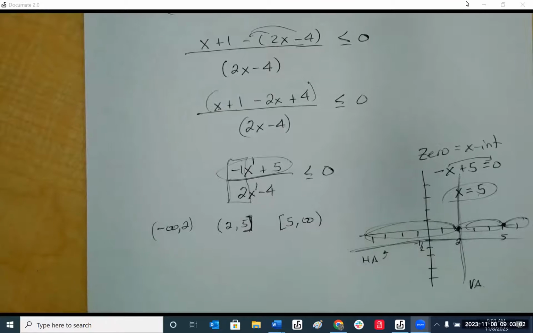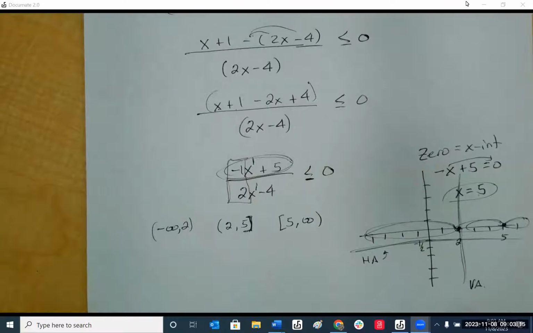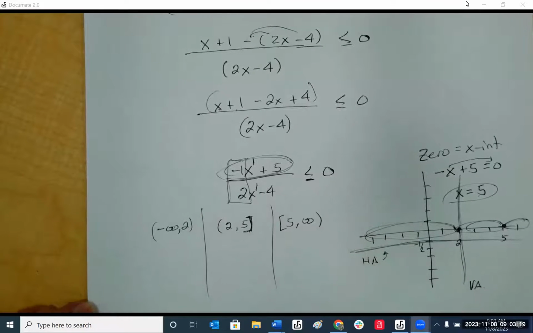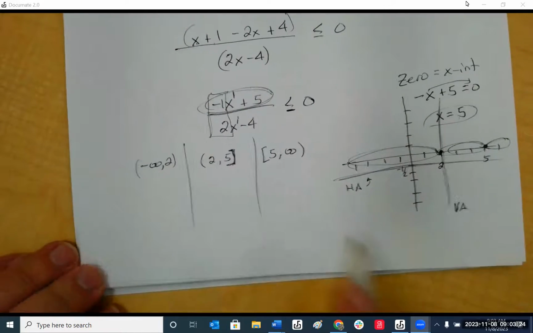Why can we use 5? Because the answer can equal 0. And where does it equal 0? When x is 5. Now we check each of these intervals.